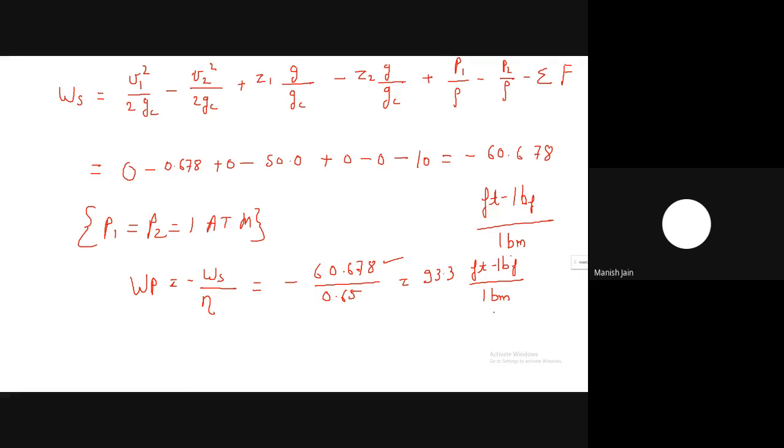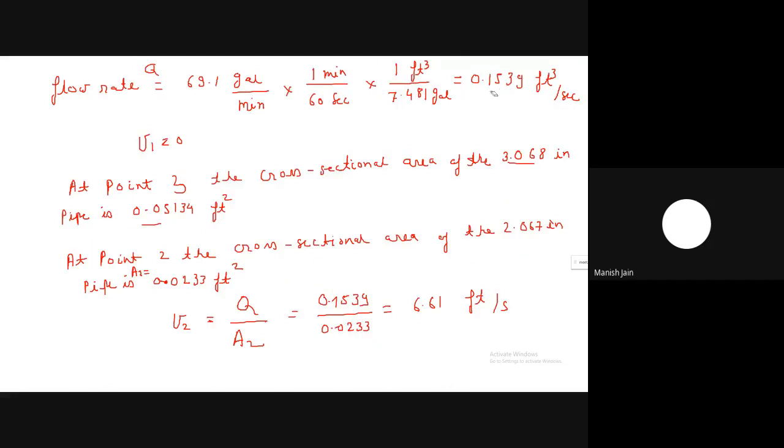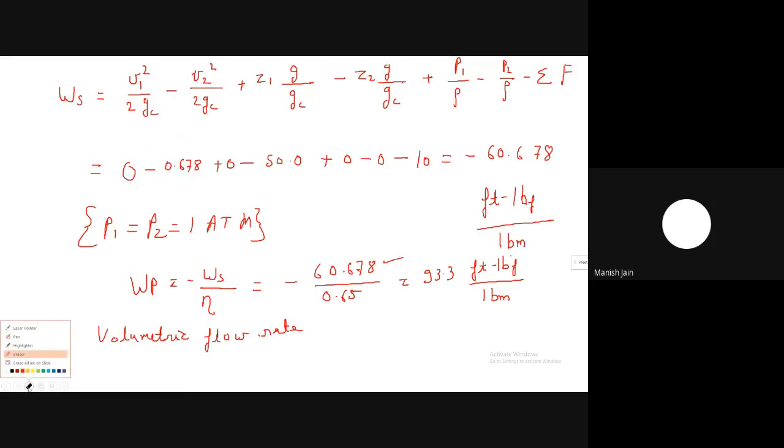Only then can you calculate the power. How do we convert per unit mass to per unit second? By using the mass flow rate. The volumetric flow rate is given as Q. We had converted Q initially, Q equal to 0.1539 feet cube per second. So this is the volumetric flow rate.